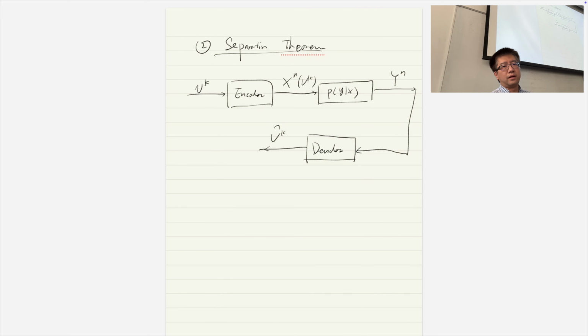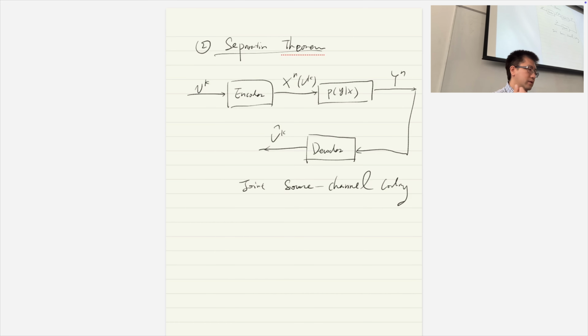So this is basically the whole problem. As we introduced before, we call that joint source-channel coding. As we discussed before, we can use the separation theorem.